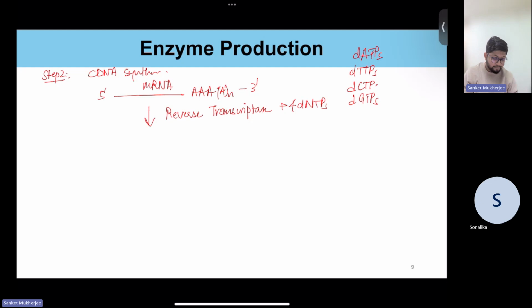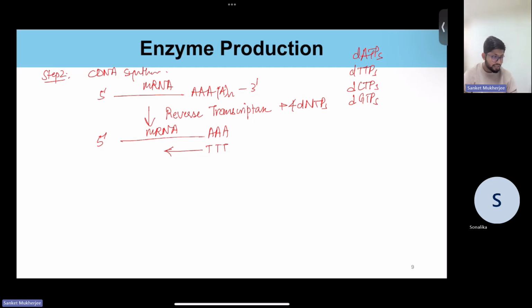So now we will have a mRNA with the cDNA, which will have corresponding Ts, and it will be synthesized using the reverse transcriptase, right?